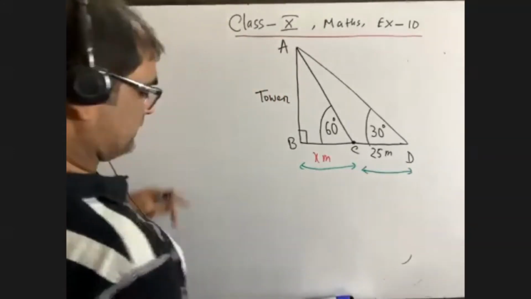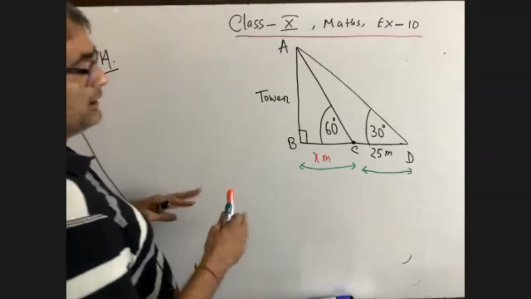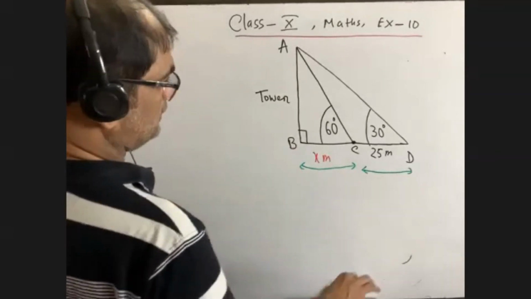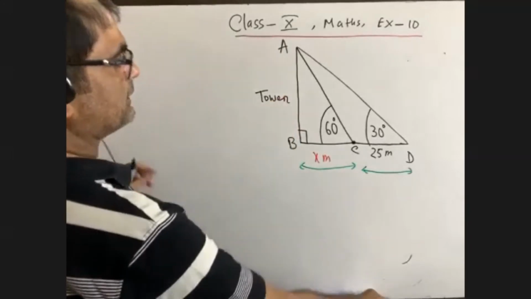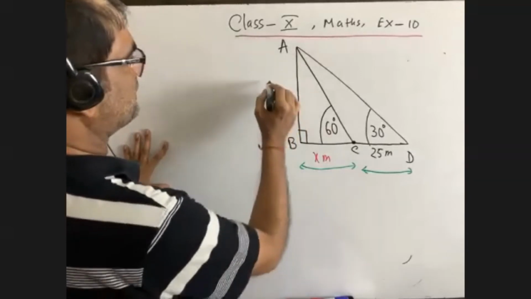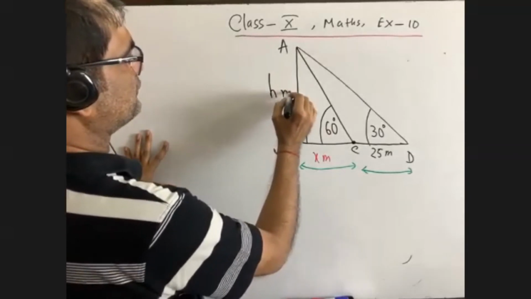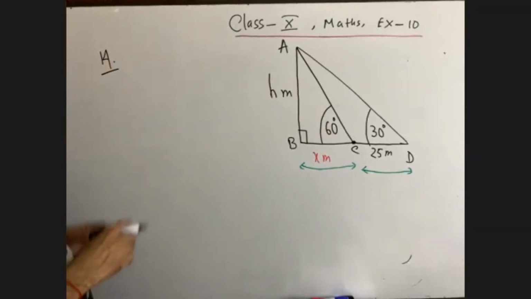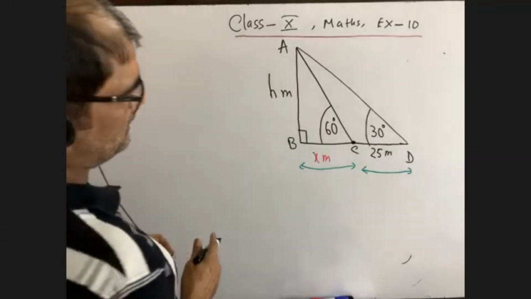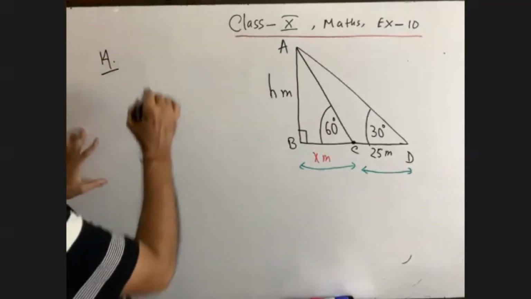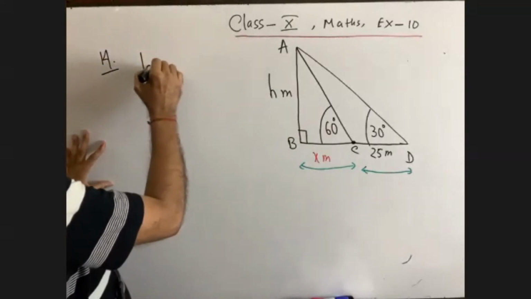I will do one math, and by showing you this one, I will do all the maths. So this is the tower, and let it be h meters. Pay 100% attention here. We will write tan 60 degrees.